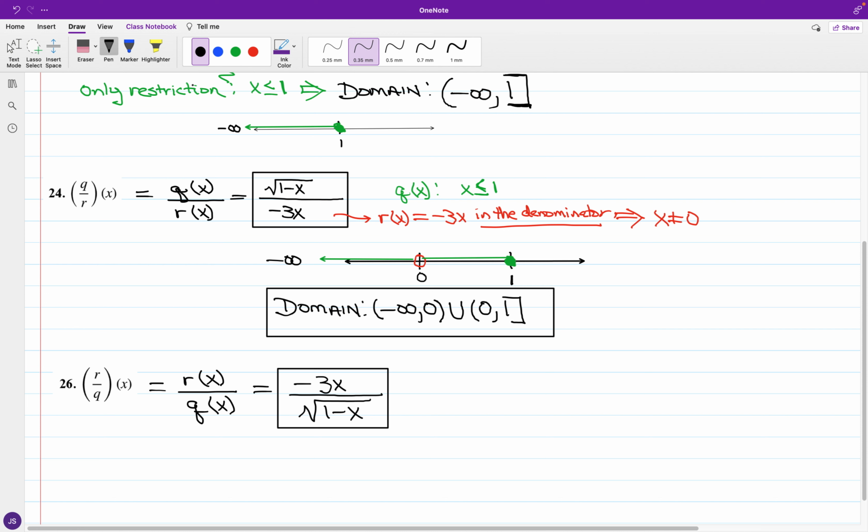But now for what we have in the case of q of x, we have a further restriction, again for the radical. Again, 1 minus x cannot be negative.